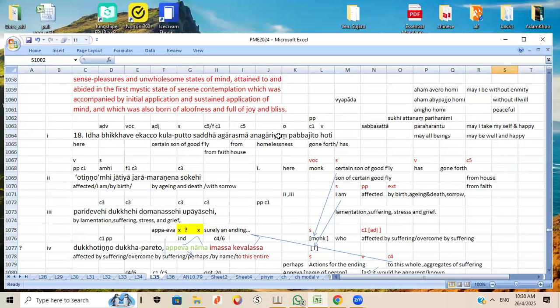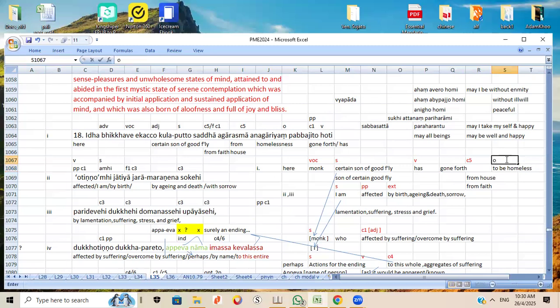These two are taken as an object. Has gone forth. In this case, the object is homeless. Has gone forth to be homeless. So this is the object.